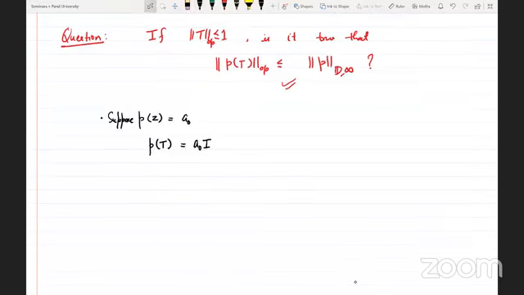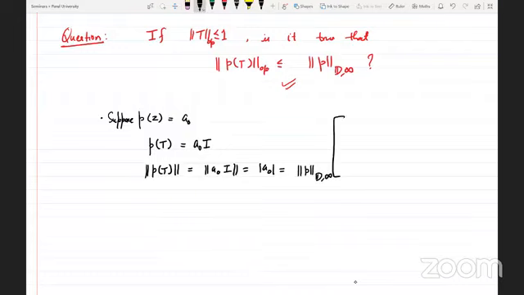And now if you look at the norm of P(T), it is the norm of a0 times identity, but the identity norm is 1, so it will be exactly the modulus of a0. And this is exactly the norm of P on D, infinity.